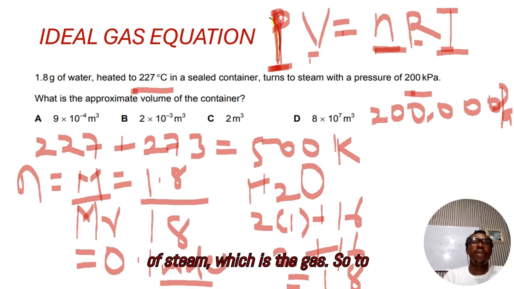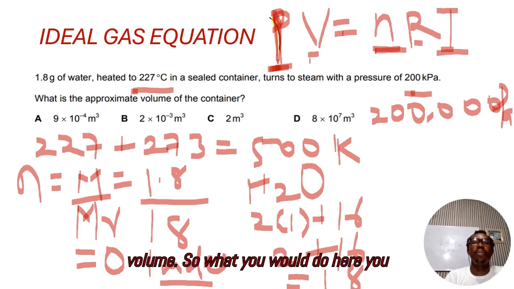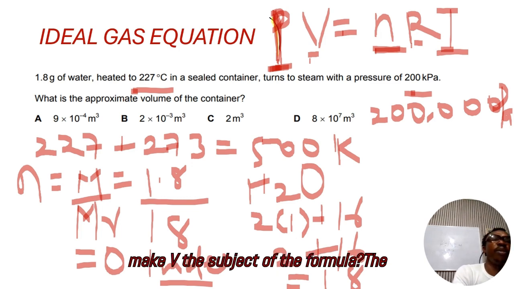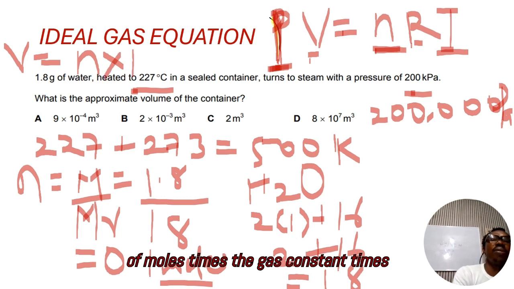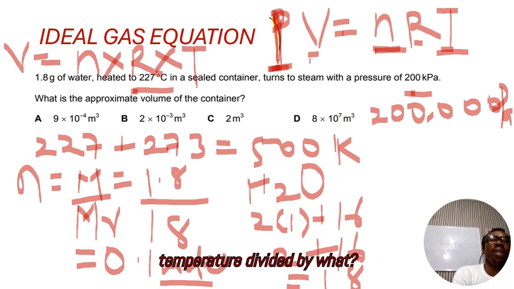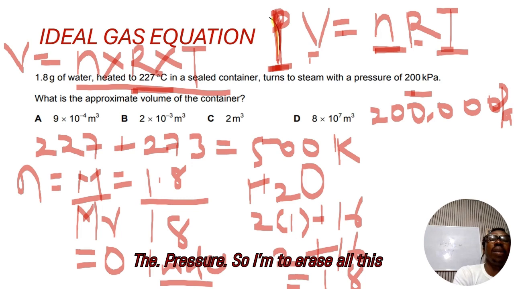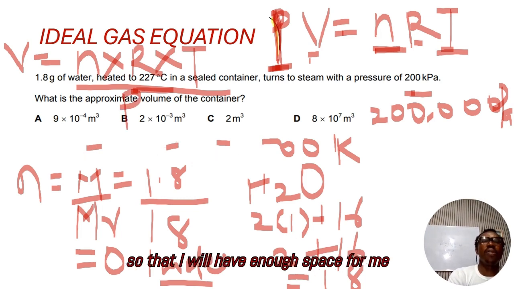So we have to calculate the volume. So what we do, you make V the subject of the formula. The volume now will be equal to what? Number of moles times the gas constant times temperature divided by what? The pressure. So I'm to erase all this so that I will have enough space for me to solve.